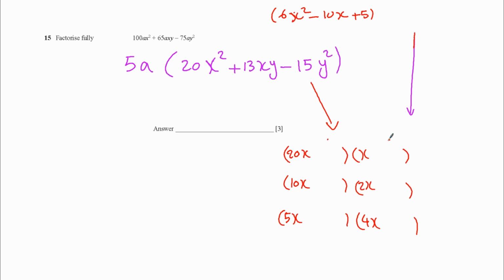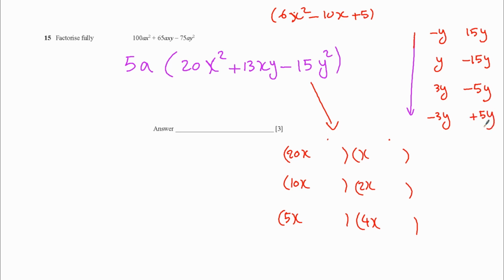I can also say y and minus 15y. I can also say 3y and minus 5y. And I can also say minus 3y and plus 5y. All of these multiplied together give us minus 15y squared.